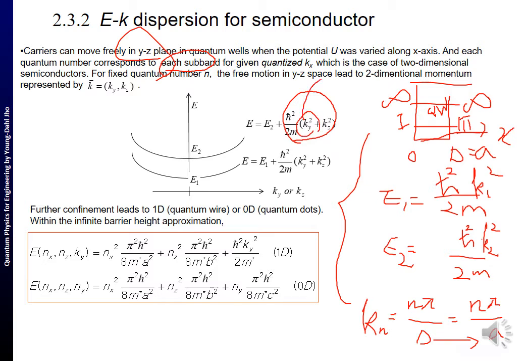The momentum along the y-axis is h bar ky. They are free. It means ky is continuous. And this one, kz, is also continuous.